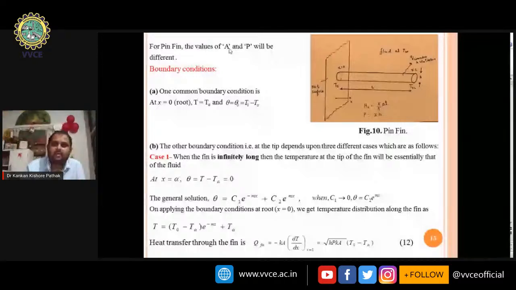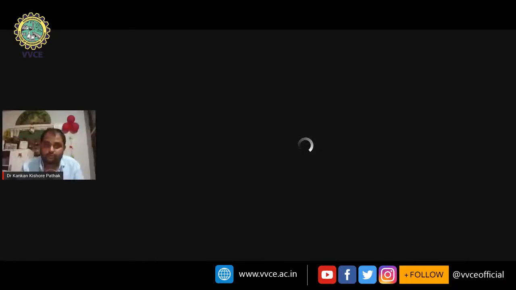Now the boundary condition: at the base, the temperature theta value will be there, the non-dimensional value given by T naught minus T infinity. Now the other boundary condition is at the tip, and there are three cases as follows.